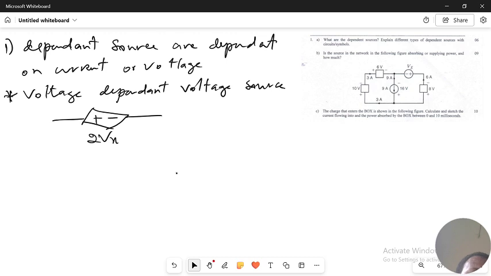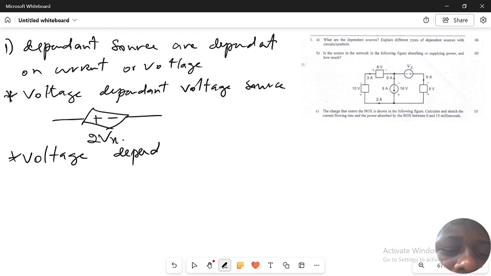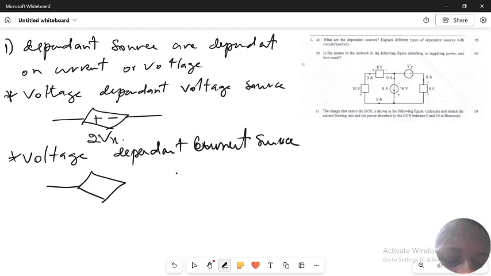I can also have a voltage source dependent on a current, which uses the same symbol but is now labeled like E0 or Ex, because it's dependent on a current.